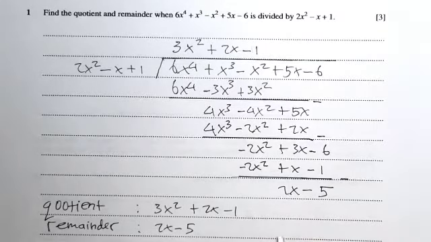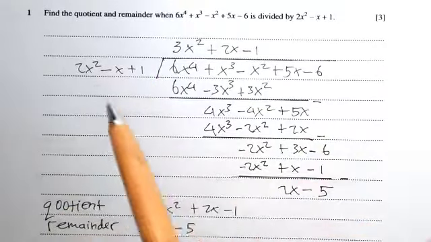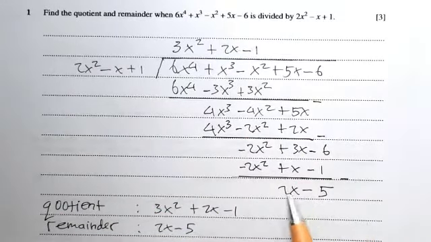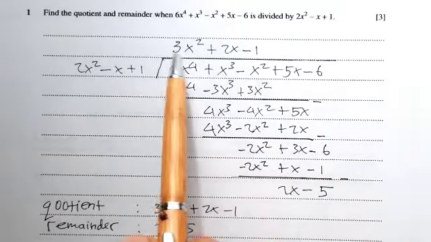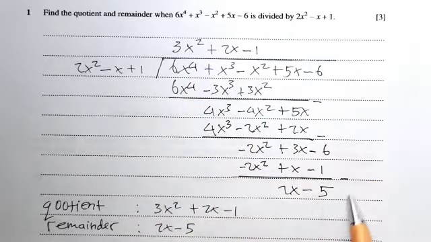Now the process stops when the degree of the remainder is less than the degree of the divisor. Thus we stop here, and this is the quotient, and this is the remainder. The quotient is 3x squared plus 2x minus 1, and the remainder is 2x minus 5.